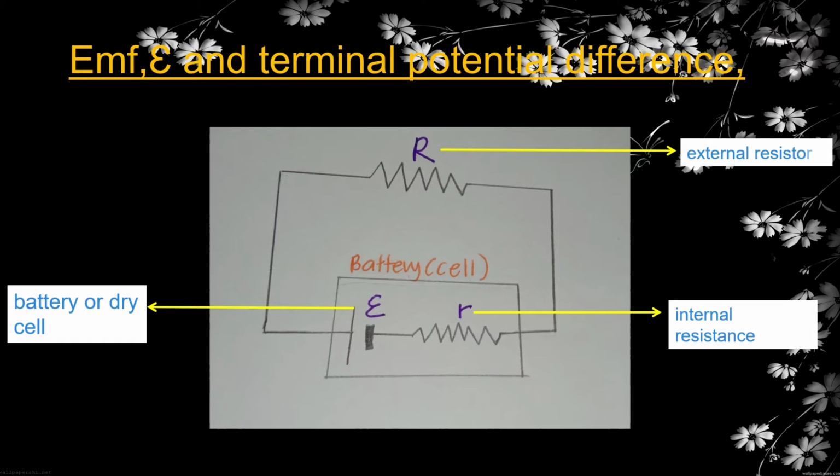Maksudnya tenaga yang dibekalkan oleh bateri untuk setiap unit charge yang flow through the external resistor and internal resistance.